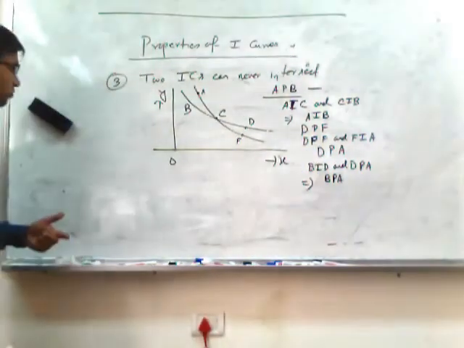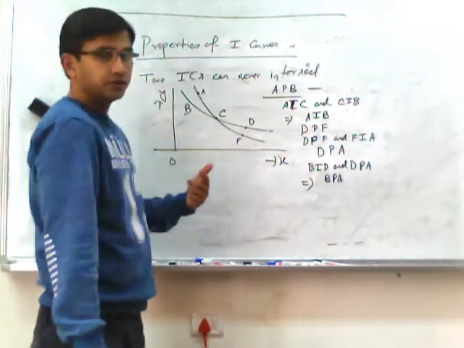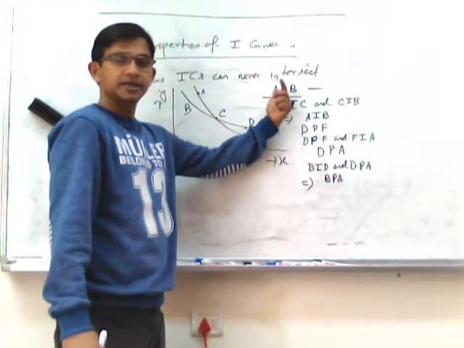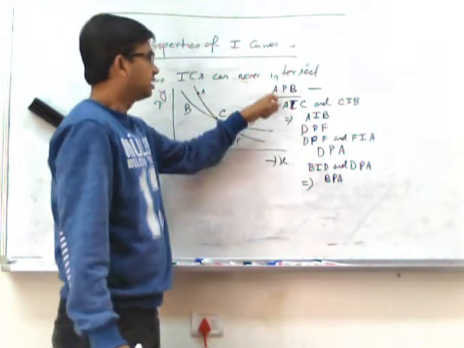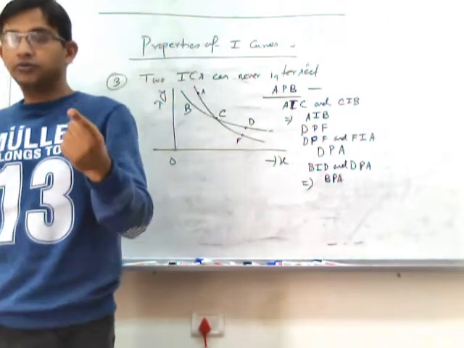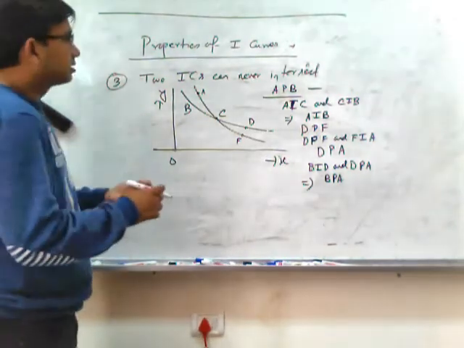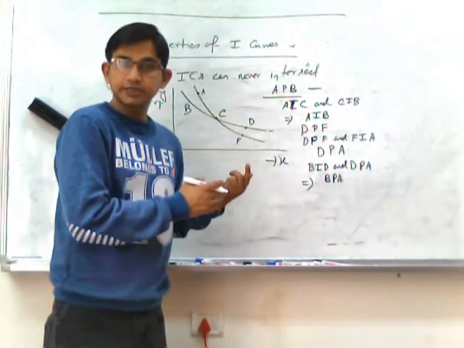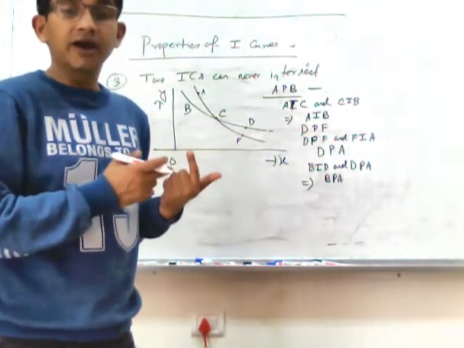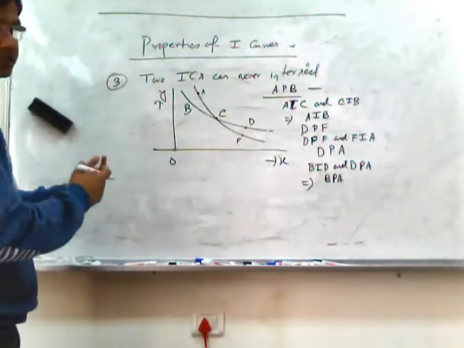From the axiom of completeness we know that these three things cannot be true simultaneously. If any one happens, then there is no possibility of the others happening. So if two indifference curves intersect each other, that will create a serious logical error that will violate the axiom of completeness. So two indifference curves should not intersect.